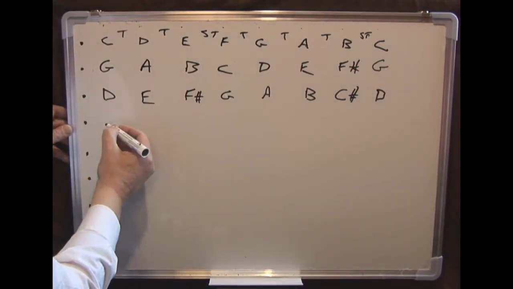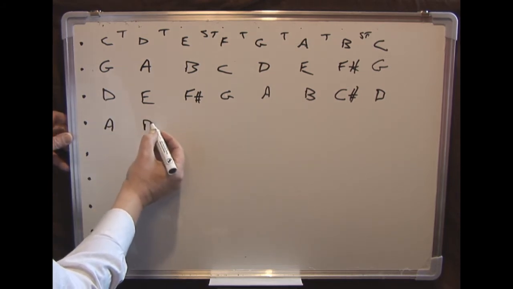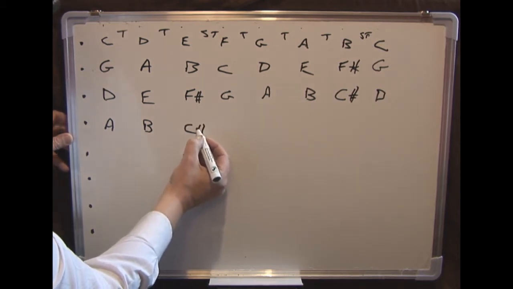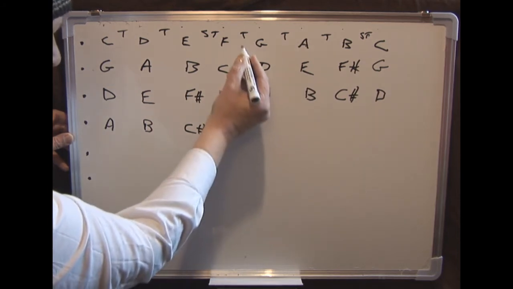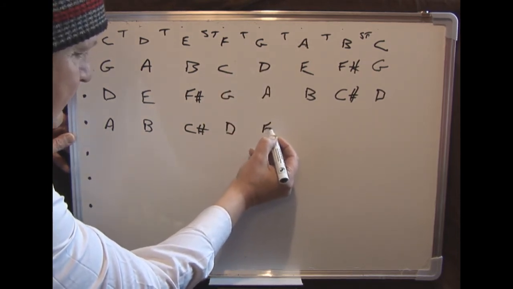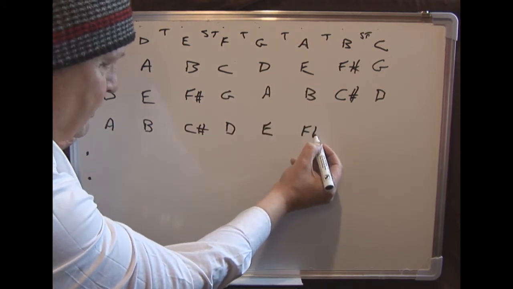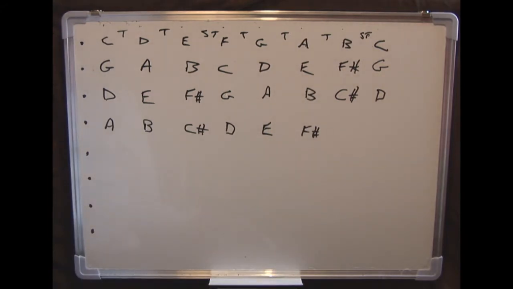Let's start on the note A and see what happens. Tone above A is B, tone above B, C sharp, semitone above C sharp, D, a tone above D, E, a tone above E, F sharp. And now a tone above F sharp. Well, a semitone above F sharp is G. Next door notes, F sharp, G, semitone.